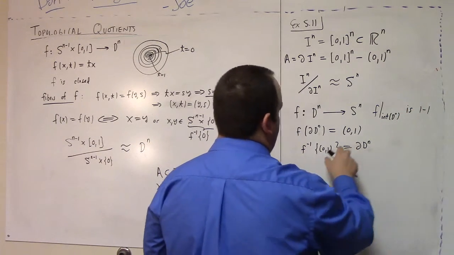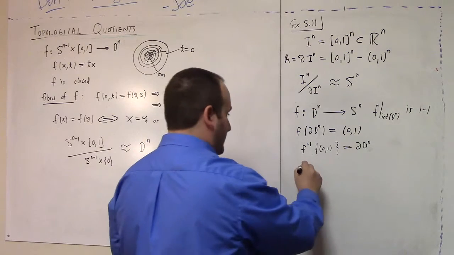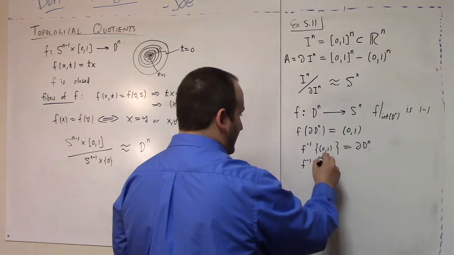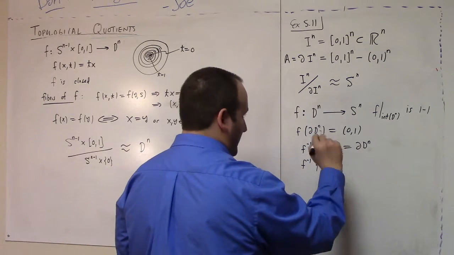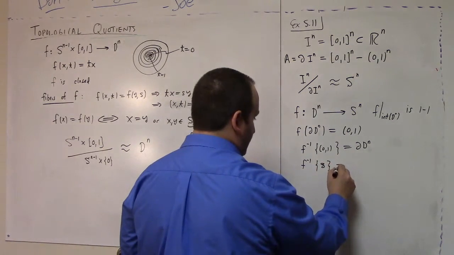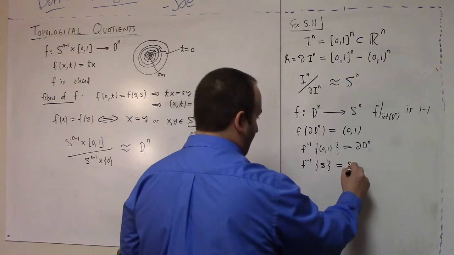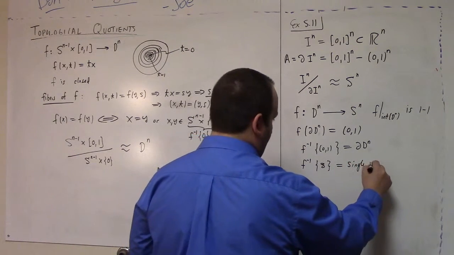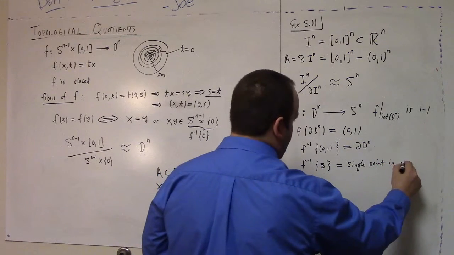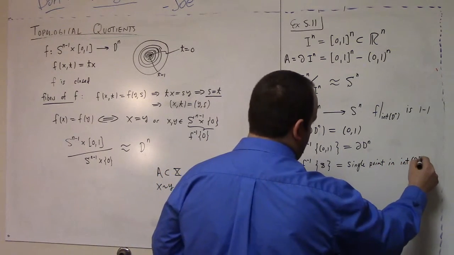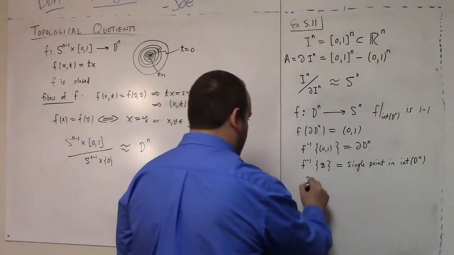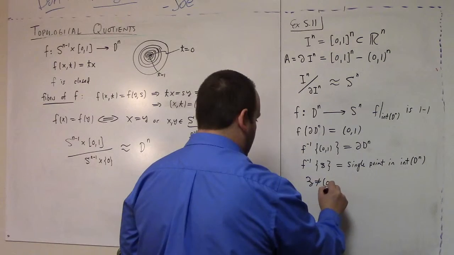So that means if you look at the inverse image of anything in S^n, let me just call it Z, it's a single point in the interior of D^n, as long as Z is not equal to 0, 1.